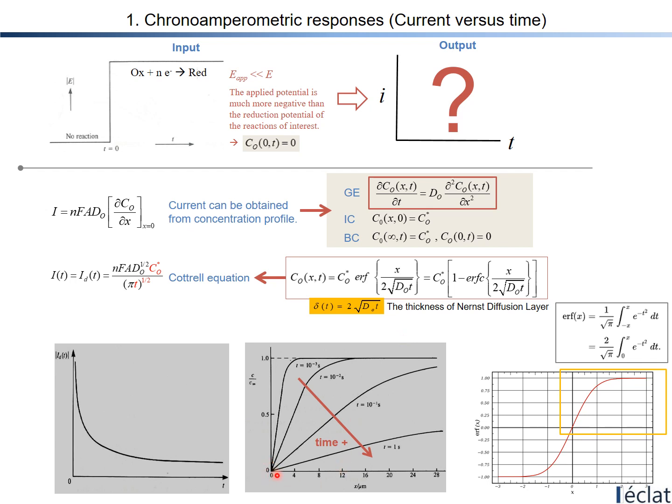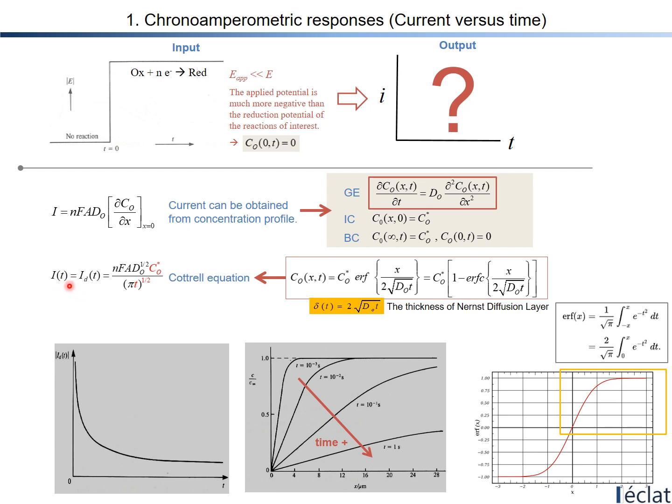So anyway, right now we have an analytical solution of the concentration profile as a function of x and time. So let me put this concentration function into Fick's first law. Then after taking the first derivative of this concentration profile at x equal to 0, we finally obtain the diffusion current for the diffusion limited system when you have applied a fixed potential.